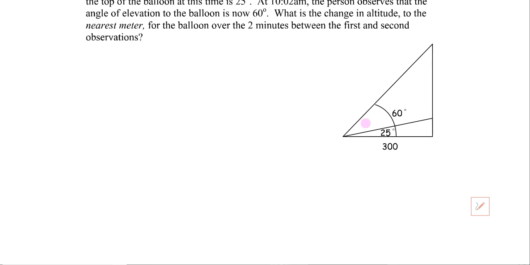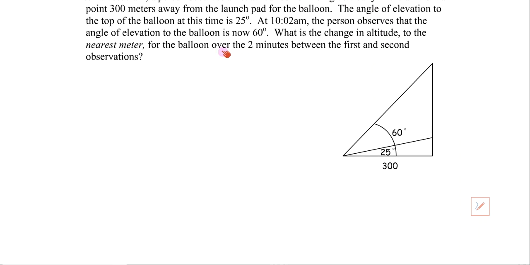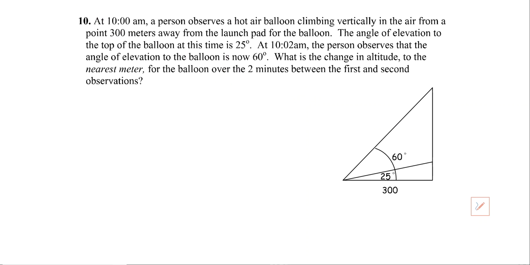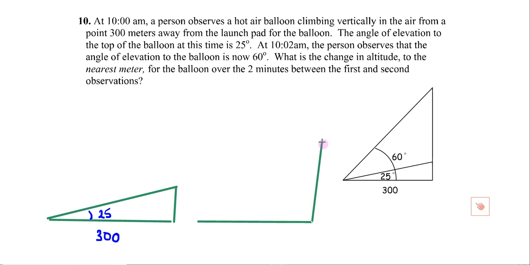Okay. Question 10 then. The biggest error for question 10 was not interpreting the information and the diagram given correctly. So basically, at first sight, the balloon is that height there. So we know it's 300 and the angle is 25. The second time it is spotted, it is now higher.